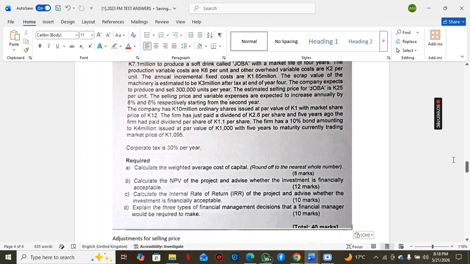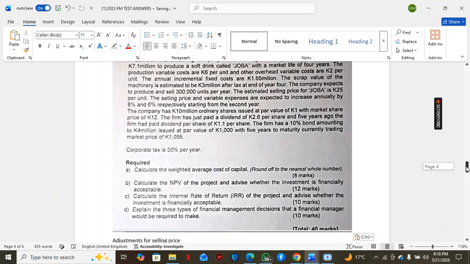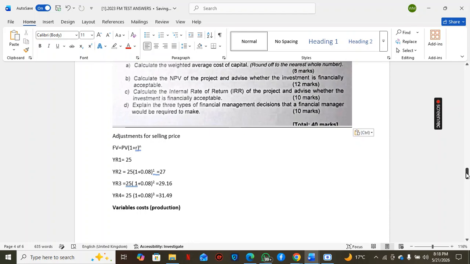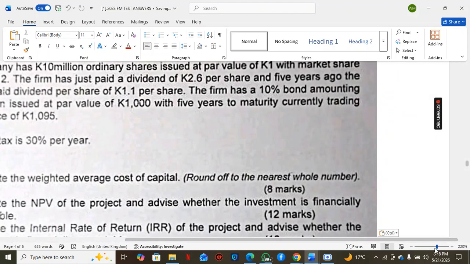So we need to get these new selling prices and variable costs. Okay. So this is how I'm going to get the new selling prices.